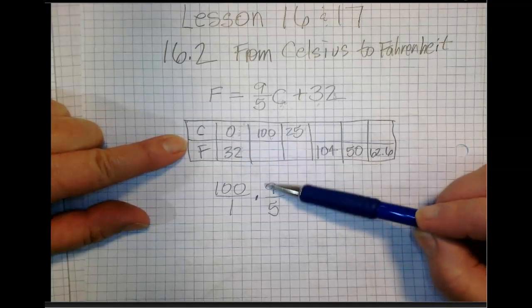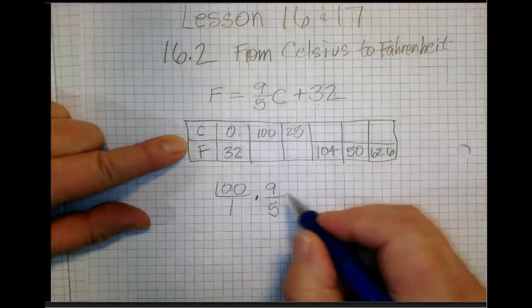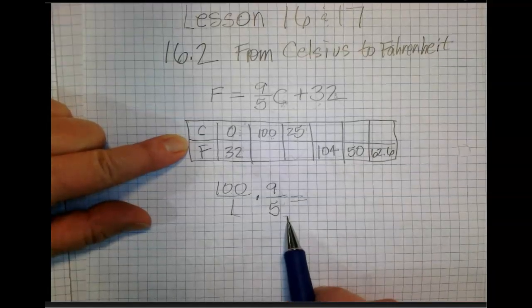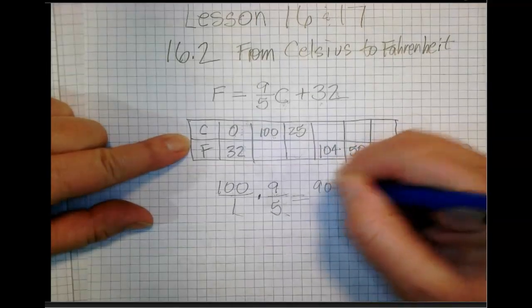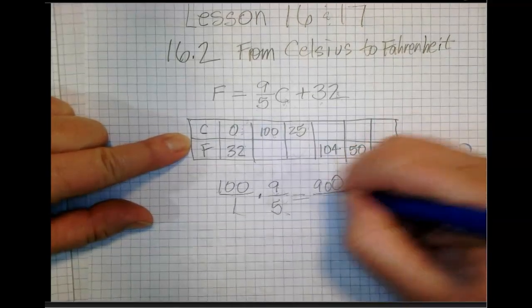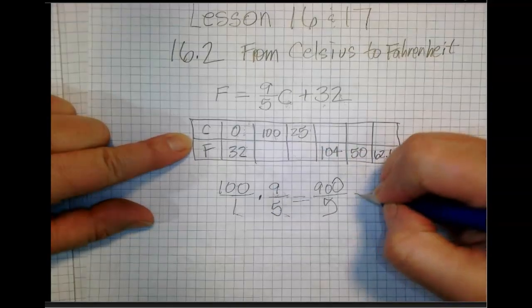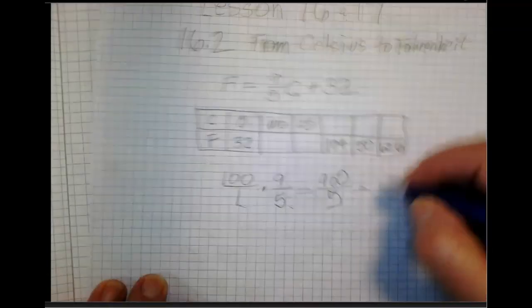So now let's try 100. Remember, when you multiply fractions, you multiply straight across. So 100 times 9 is 900, and 1 times 5 is 5. And 900 divided by 5 equals 180.